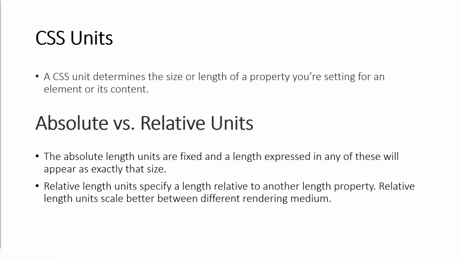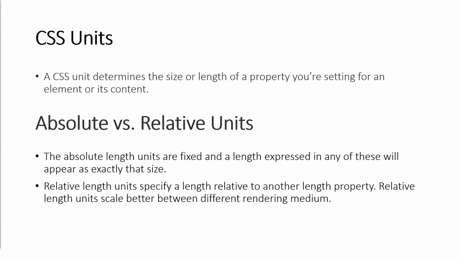So units are basically the type of size and length. The definition is that a CSS unit determines the size or length of a property or setting for an element or its content. Looking more into this, I've learned that there are two types of units, absolute and relative units.